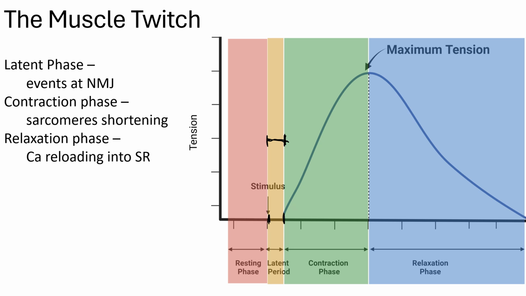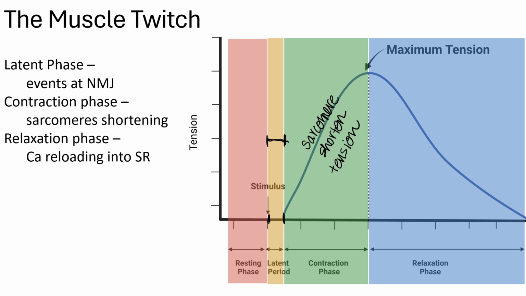The upslope on this graph corresponds with the phase in which the muscle is contracting, and all of those little cross bridges are forming and breaking as the sarcomere starts to shorten, right? So it's this upslope here that the sarcomere is shortening and tension is being built.